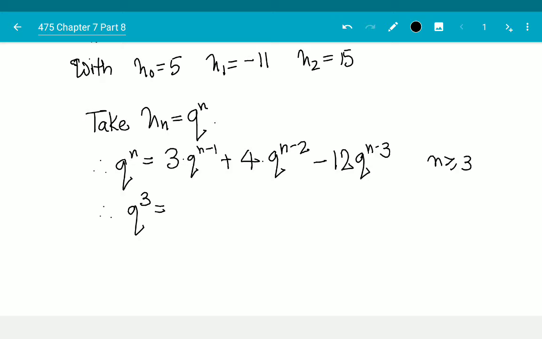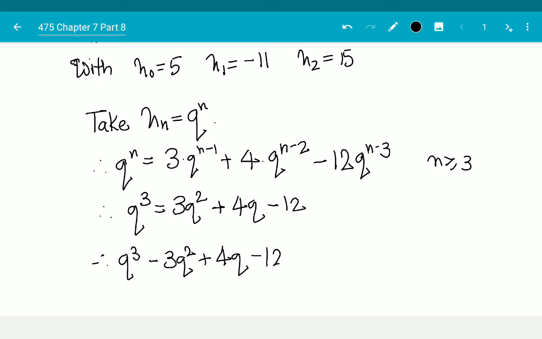Okay, so then I get 3q squared plus 4q minus 12, and therefore q cubed minus 3q squared plus 4q minus 12 is equal to 0.